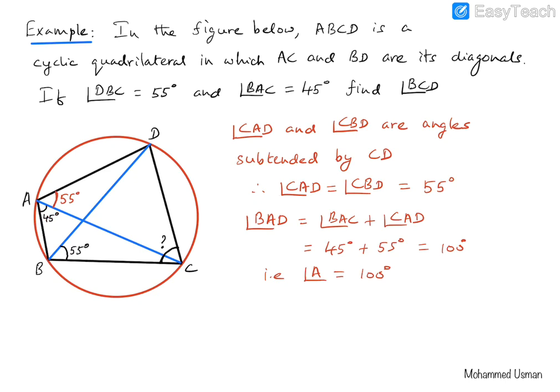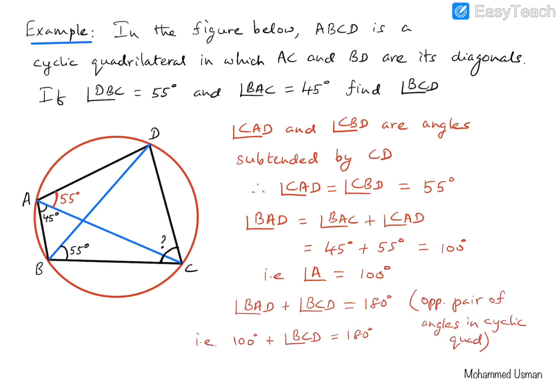And now we know that the quadrilateral ABCD is a cyclic quadrilateral, and one of the angles here, the total angle A, is equal to 100 degrees. And we know that for cyclic quadrilaterals, the sum of the opposite pair of angles is 180 degrees. So therefore, angle BAD plus angle BCD should be 180 degrees. So we have here 100 degrees, which is BAD, plus BCD equals 180 degrees.